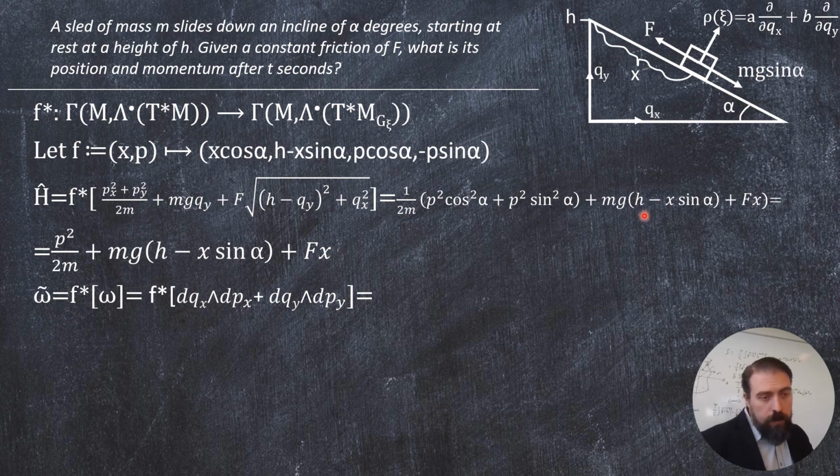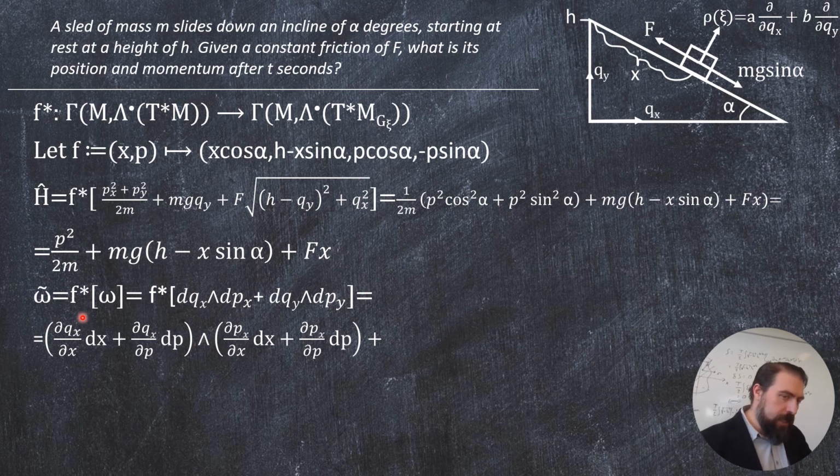As for right now, we're just going to continue by pulling back the symplectic form as well. So the symplectic form was this, the standard Darboux basis symplectic form, dqx wedge dpx plus dqy wedge dpy. And I can write these exterior derivatives now, pulling them back one by one using this function here.